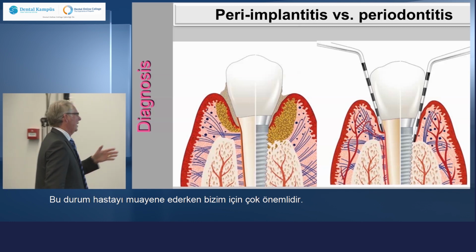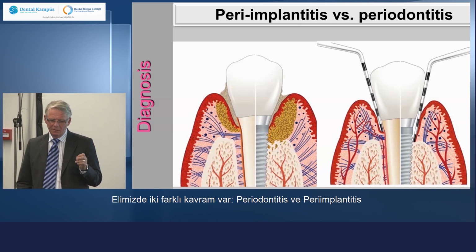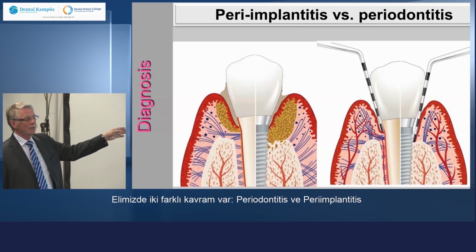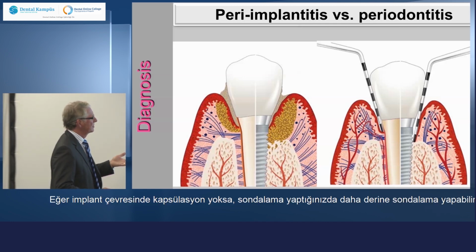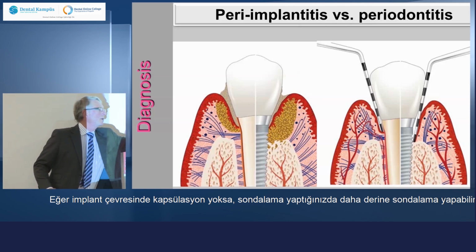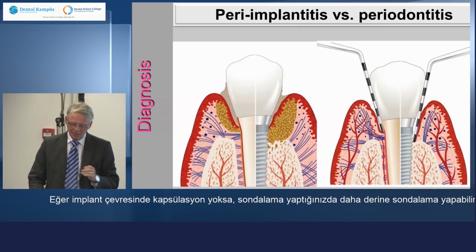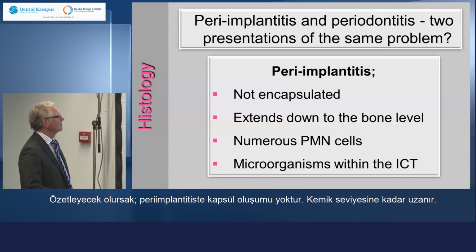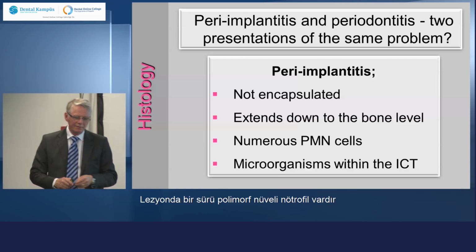And this also has importance for us when we are going to examine the patients, because there are now two different entities, periodontitis and periimplantitis. If there is not an encapsulation around the implant, then when you probe, you may probe a little bit further. So summing up, periimplantitis is not encapsulated. It extends all the way down to the bone level.